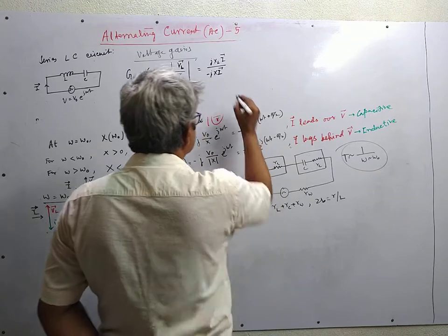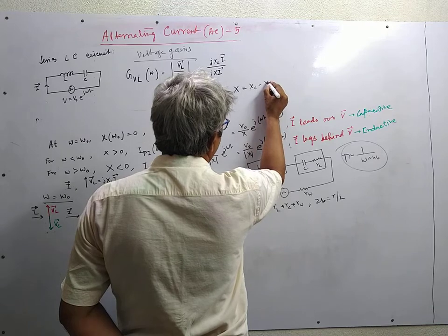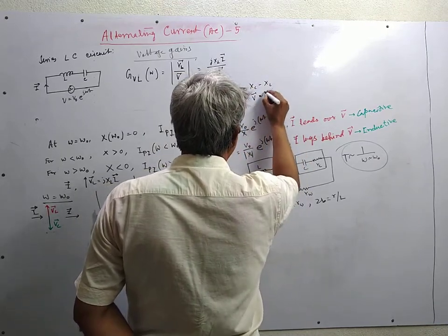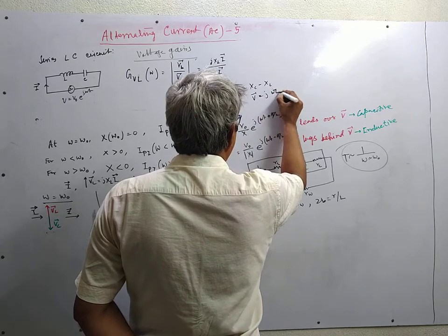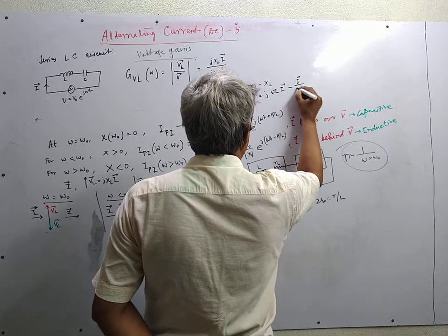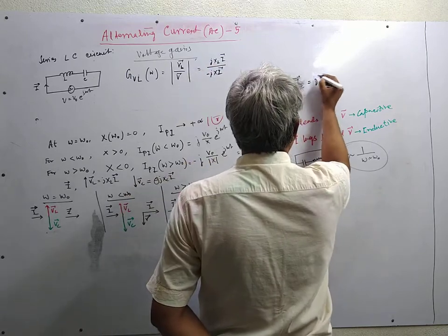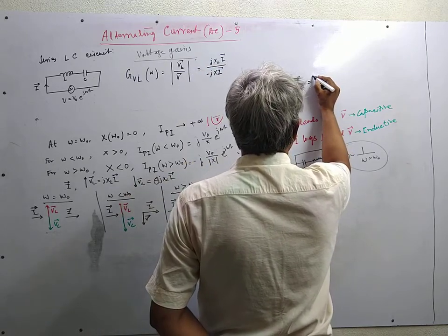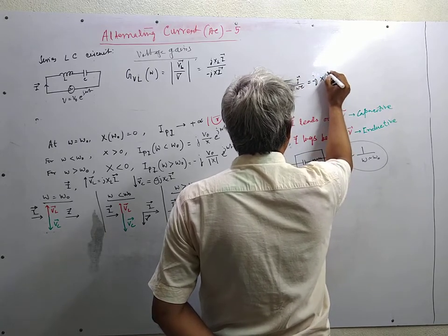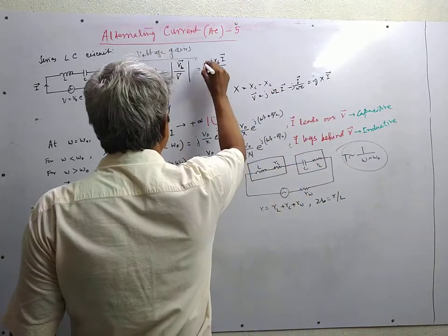The cause of the minus sign is that we have defined x as equal to xc minus xl, but the actual voltage is V is equal to j omega L i minus j I by omega C. J is there, so this is j. Because we have defined x in this fashion, the minus sign is due to this reason.